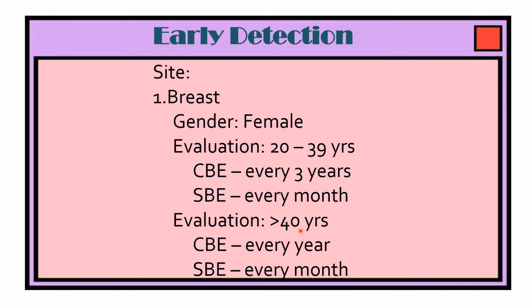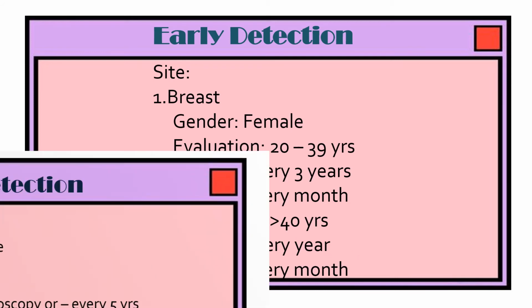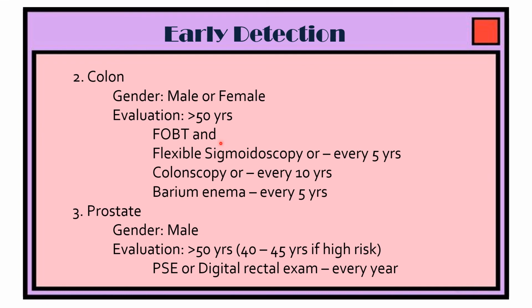For evaluation of those more than 40 years old, the clinical breast examination should be conducted every year. And then the self-breast examination should be every month. For early detection of colon cancer, especially for male and female who are more than 50 years old, it is important to have a fecal occult blood test and flexible sigmoidoscopy every 5 years, colonoscopy every 10 years, or barium enema every 5 years.